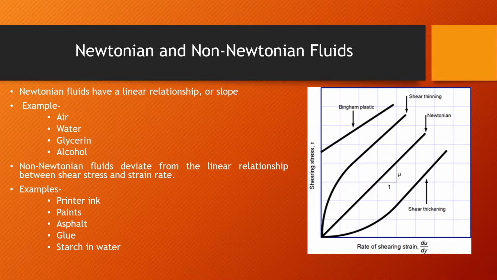What it means is that the viscosity could be either less or more depending on the fluid. Suppose printer ink would be shear thinning, whereas paints, asphalt, glue would be shear thickening. So these are all examples of non-Newtonian fluids.